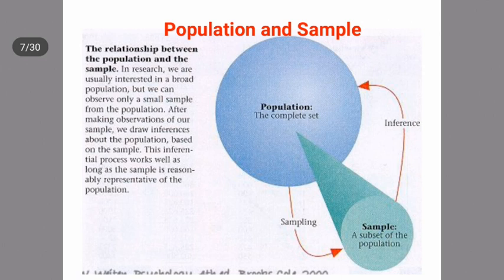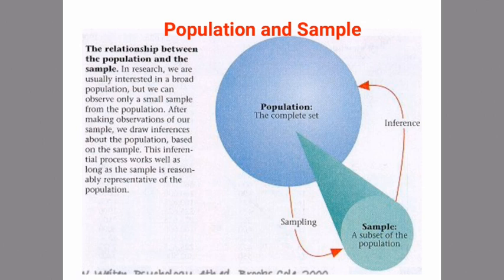Now, this figure vividly shows the relationship between the population and the sample. We can see that the population is the complete set of subjects that we are interested in. But this set is too large.